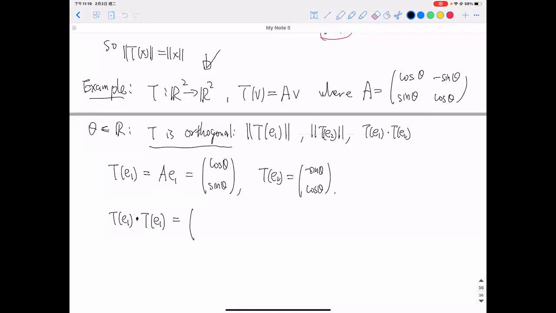So TE1 dot TE1 is just cosine square plus sine square, which is equal to 1. TE2 dot with itself is sine square plus cosine square, still equal to 1.